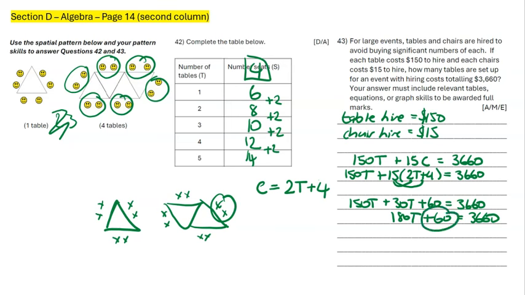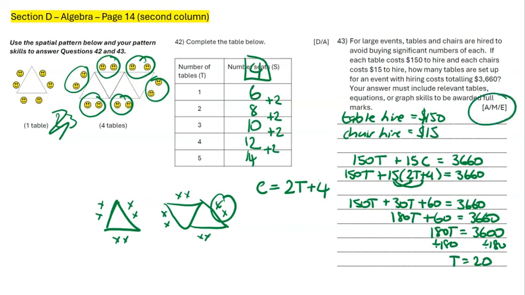My opposite of plus 60 is minus 60. So 180t is equal to 3,600. I took away the 60 from here, and I took it away from here as well. And the opposite of times by 180 is divide by 180. And when I do that, I get t is equal to 20. And that is actually the answer to the question. That tells you need 20 tables to have a hiring cost of $3,660.